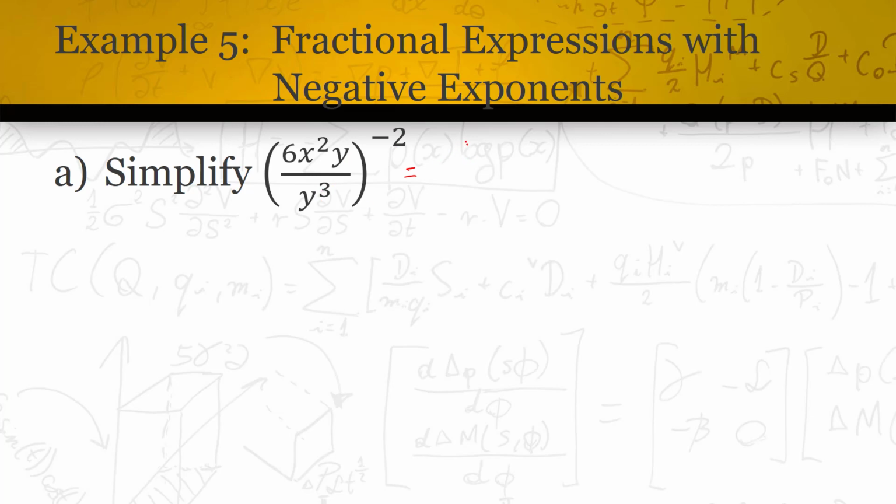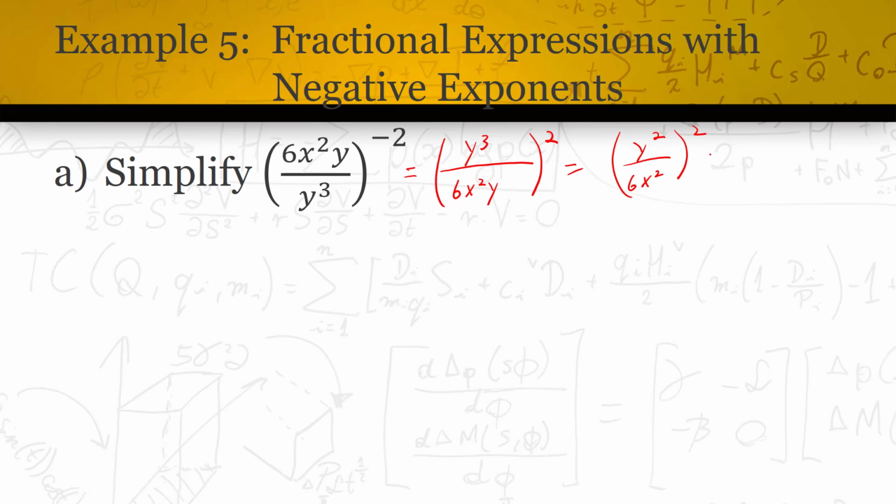So this is equal to y cubed divided by 6x squared y, the entire thing squared. Okay, now I can simplify. Here I have a y cubed in the numerator, a y in the denominator. That would be y squared in the numerator. So I'll have y squared over 6x squared, the entire thing squared.